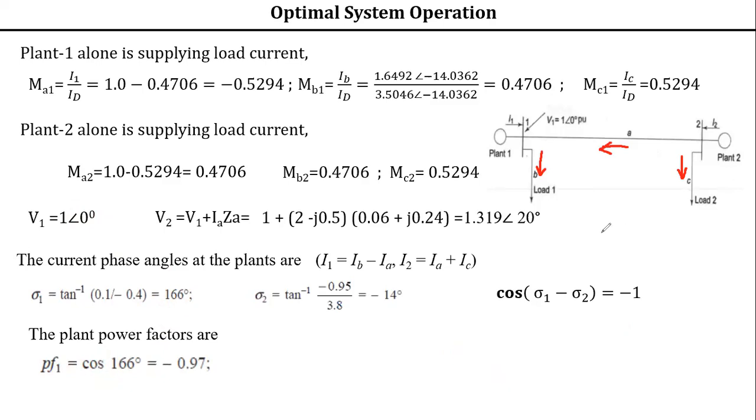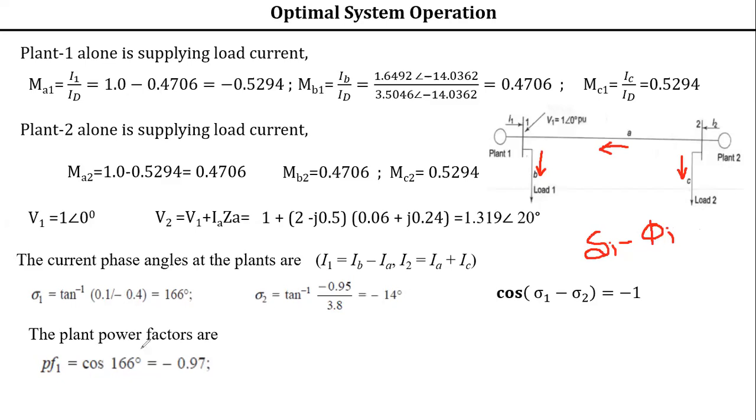What is the power factor angle? The power factor angle is delta i minus phi i, isn't it? This is the equation we have used; earlier I have explained it. Delta i is the voltage angle of your bus voltages. Phi is the load angle.